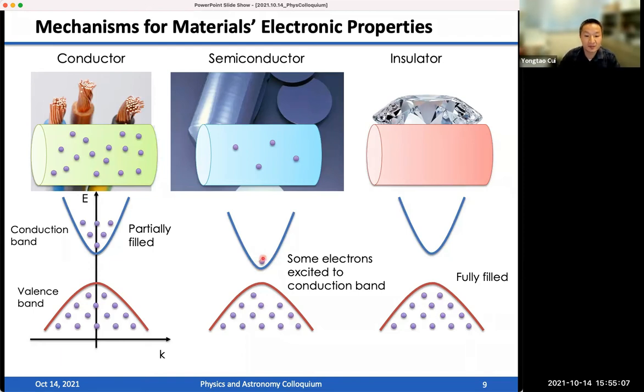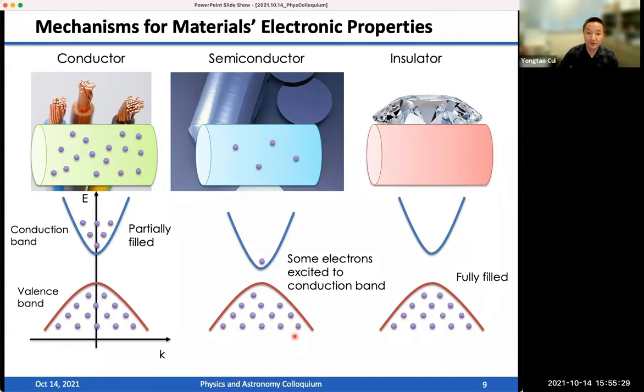Depending on the number of electrons that you can populate, you can control the degree of conduction in the semiconductors. This is how the band theory explains the different electrical properties in the different materials, and it has worked very well for the last half a century.